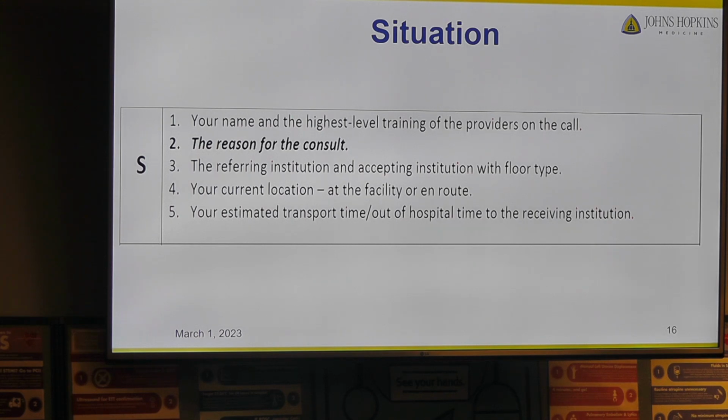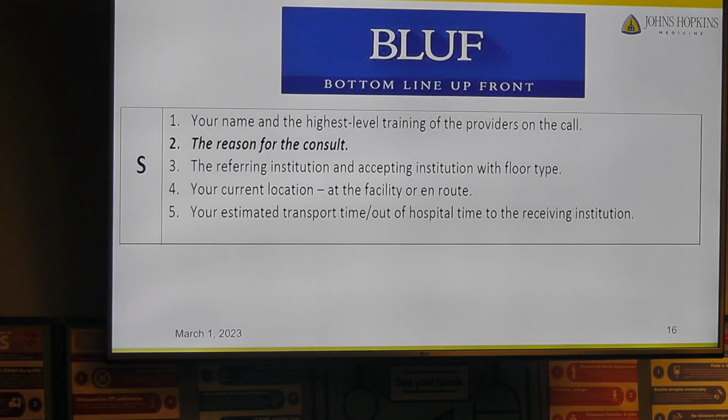If we as a medical director group can stress anything, it would be this right here. Reason for the consult. Why are you calling? The other way to think about it is what we call BLUF. Anybody heard of this before? Bottom line up front. Up front, right at the beginning of the consult.